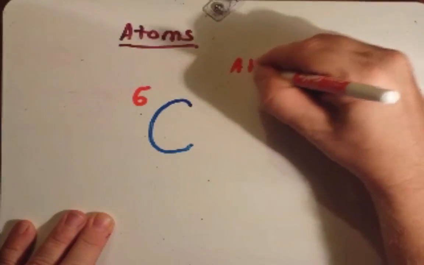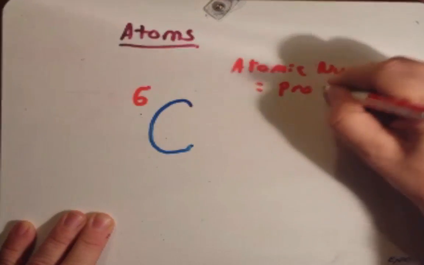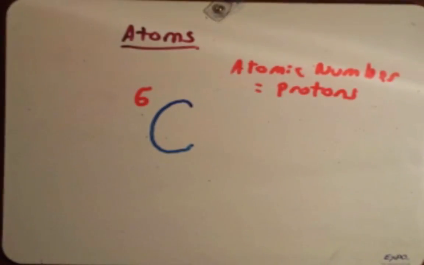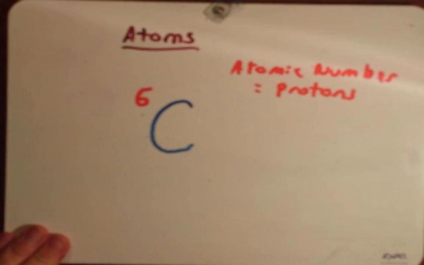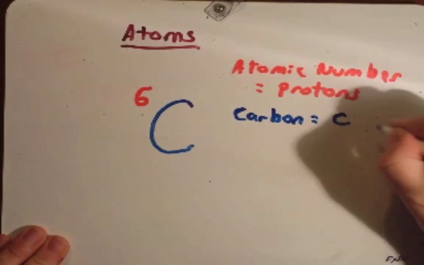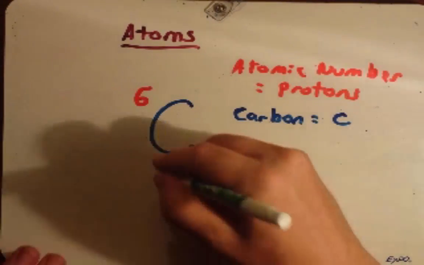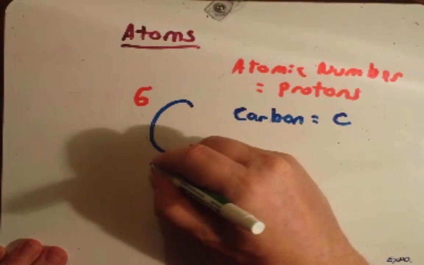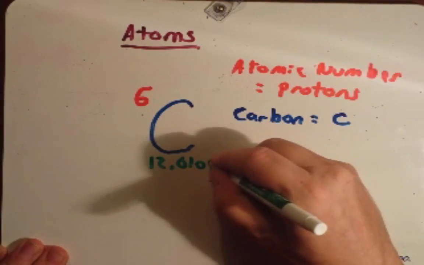So the atomic number is equal to the number of protons. So carbon has 6 protons. C, in this case, as I mentioned before, but just to make it clear, the abbreviation for the element is written in the middle here. So carbon is equal to C. Underneath this symbol of carbon, we often see another number. And for carbon, that number is 12.0107.